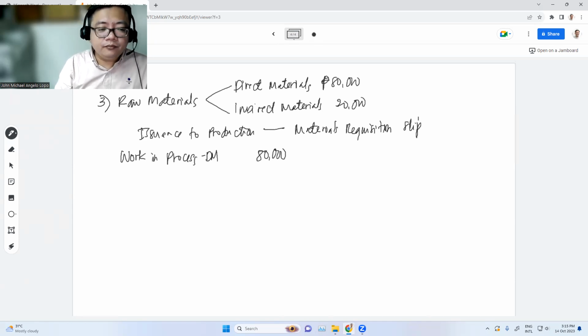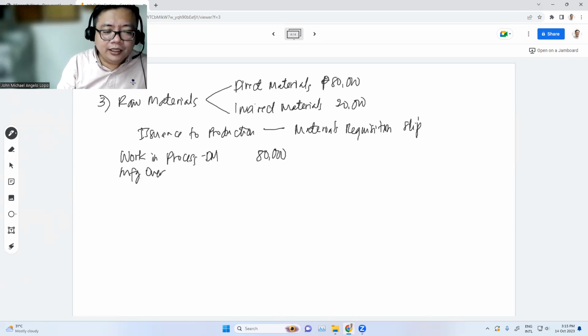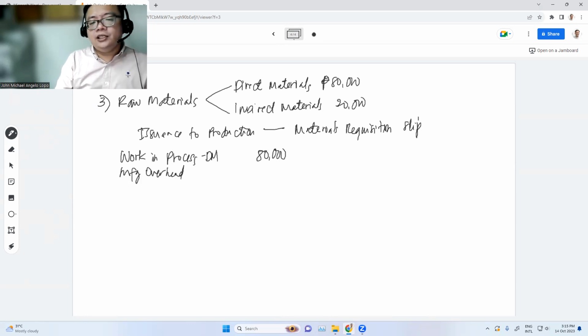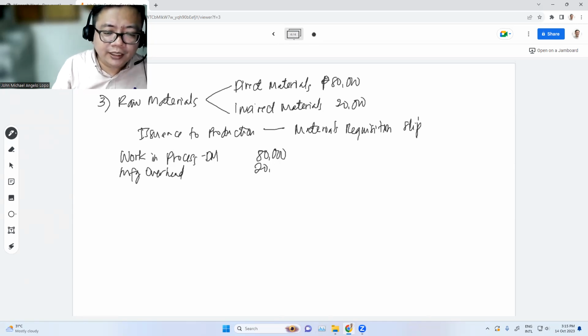How about indirect materials? Please take note of this: indirect materials, indirect labor, or manufacturing overhead are charged to our manufacturing overhead. So I will charge it to the manufacturing overhead and we credit here our factory labor.